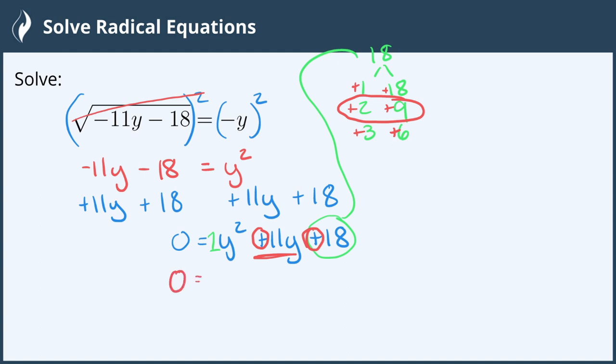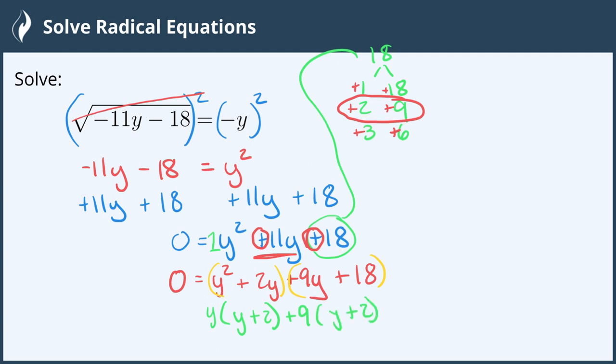So we'll have 0 equals y squared plus 2y plus 9y, replacing that 11, plus 18, and then we factor by grouping. The first two in common have a y, so we'll take out the greatest common factor of y, and we get y plus 2. The second two have a 9 in common, so we'll factor out a 9, and we end up with y plus 2.